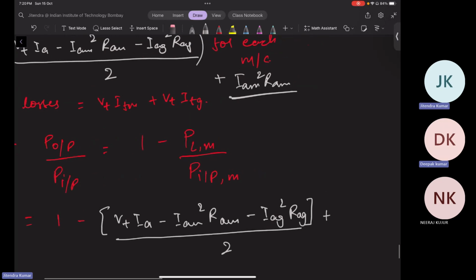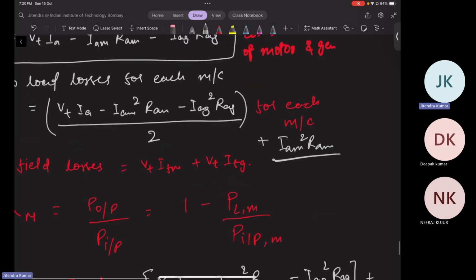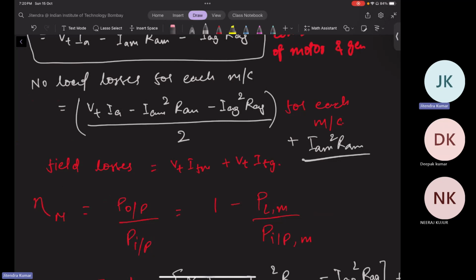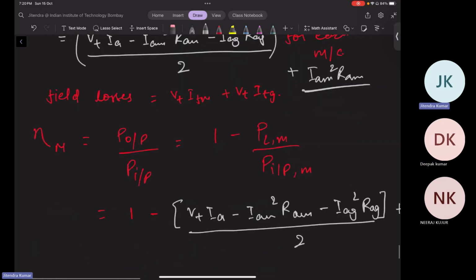Sir, to calculate the losses of the motor, why do we consider the resistance of the generator? Yeah. See here we approximated, right? We calculated losses of the combined motor and generator. This supply is going into the combined set of motor and generator. So that's why that will come into the picture. Both are coupled to each other.